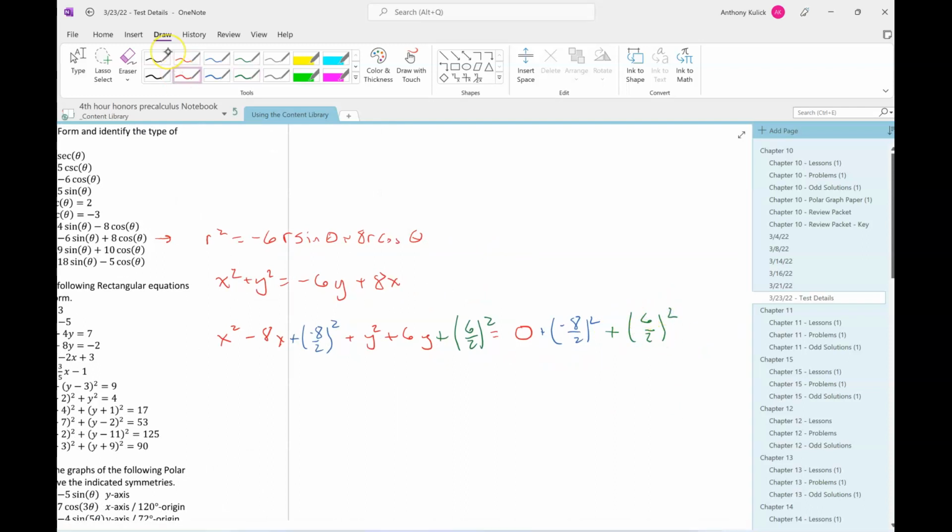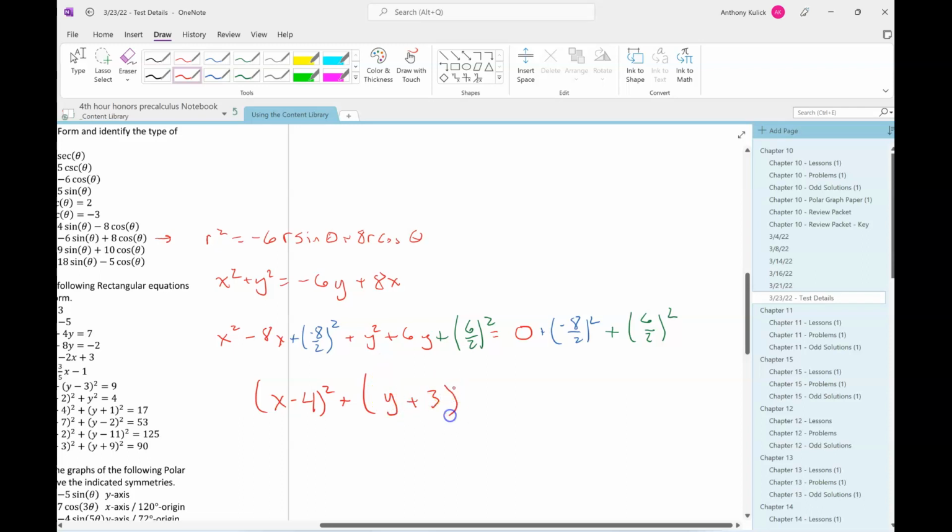I'm just writing it this way so it's easy to see what I did. Yeah, because of the 2ab. It's b divided by 2 squared that we're adding. And then that's 16 plus 9, so 25. And that would be your final answer right there. Is that cool?